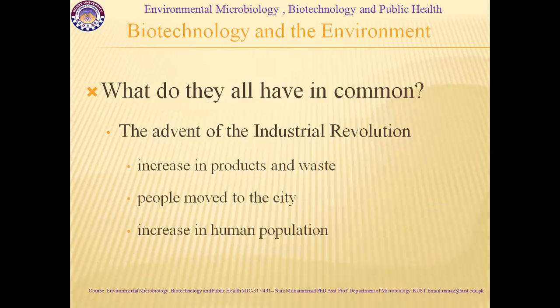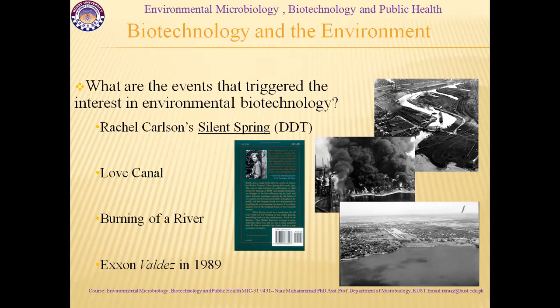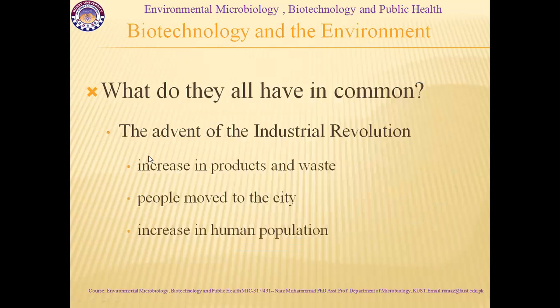So what do they all have in common? As we are talking about this, suppose Love Canal, Silent Spring DDT, burning river, and oil spill in the ocean. What do they have in common? The advent of the industrial revolution, because due to the increasing population on this globe, the requirements and needs of humans are also increasing.